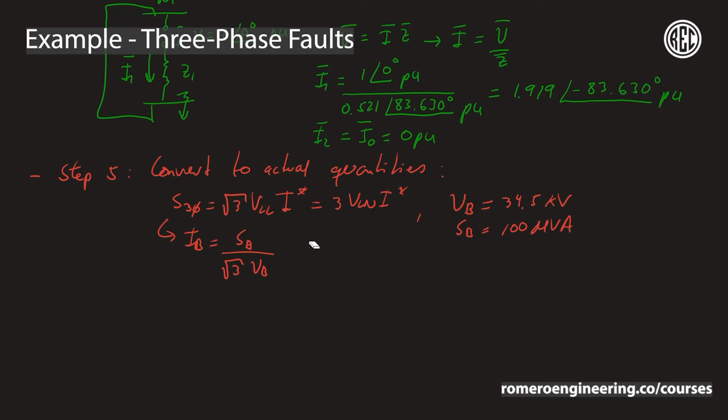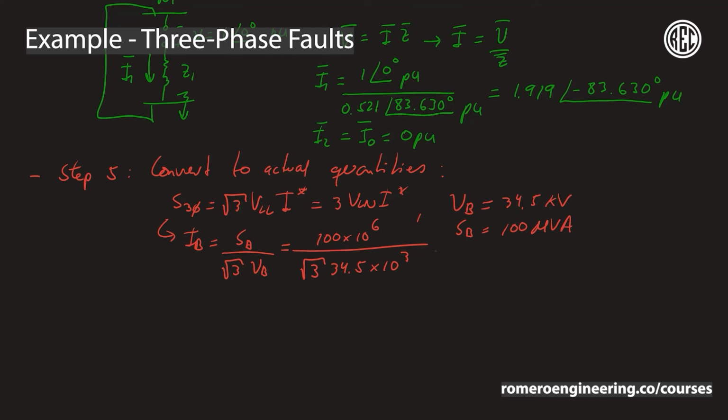So in our case then, the base current is going to be equal to, again, the base power, which is 100 MVA, so 100 times 10 to the 6 divided by square root of 3 times the base voltage, which in our case is 34.5 kV, so times 10 to the 3.